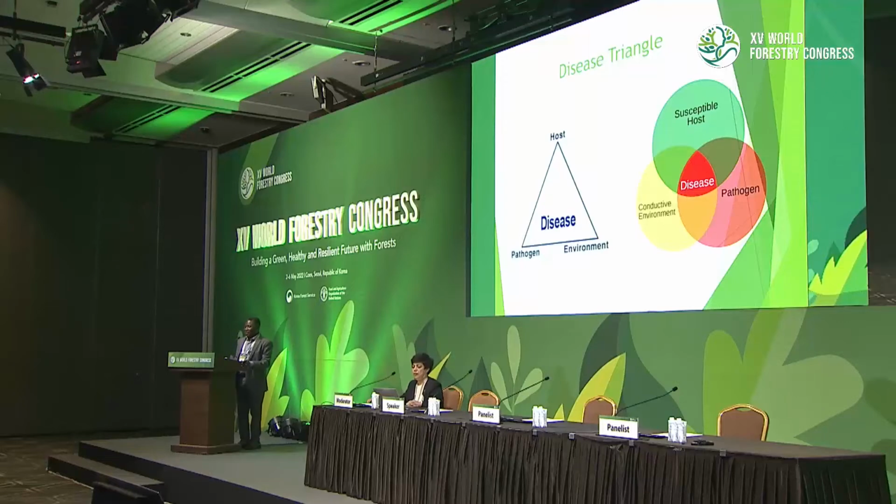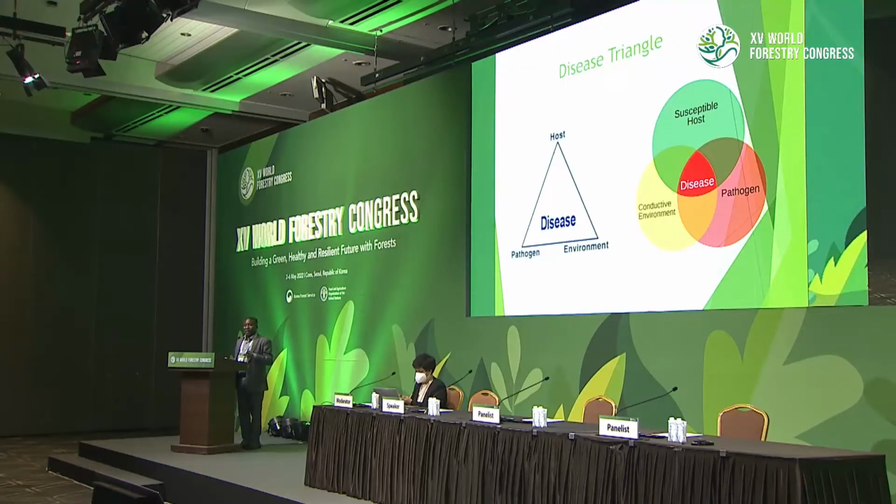Let us just remind ourselves of the disease triangle. If we are talking about integrated pest management or pest management in general, then we have to remember that pest incidents rest on three items: the host or the tree that is susceptible being attacked, and then the pathogen, which is going to attack the tree, which in this case could be an insect, could be a virus, could be a fungus, whatever it is, and an environment that has been created.